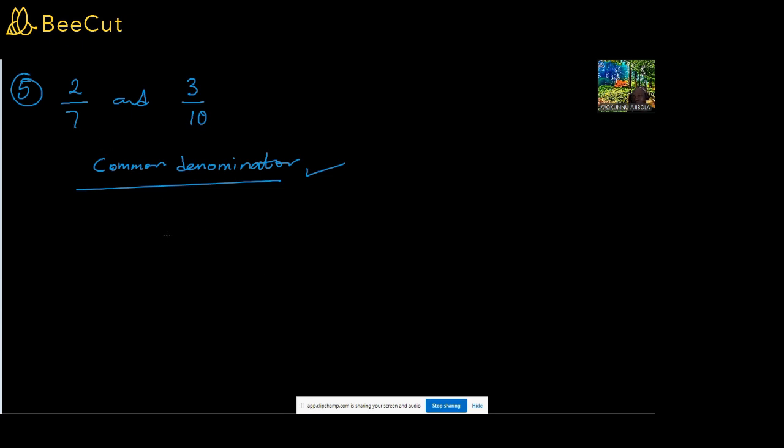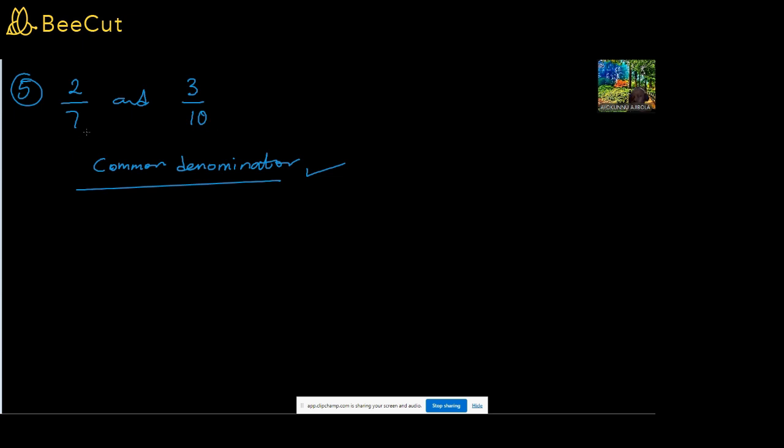Good. But can 7 divide 10? Can 7 divide 10 perfectly without any remainder? We said there is 7, there is 10, and 10 is the bigger number.